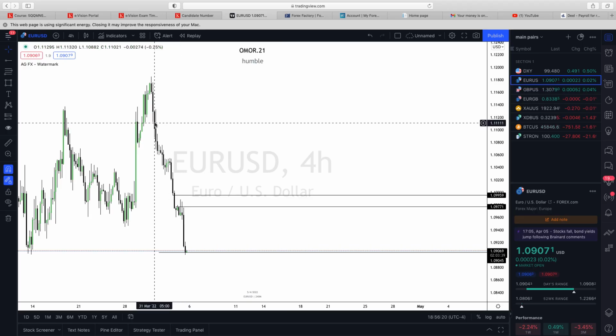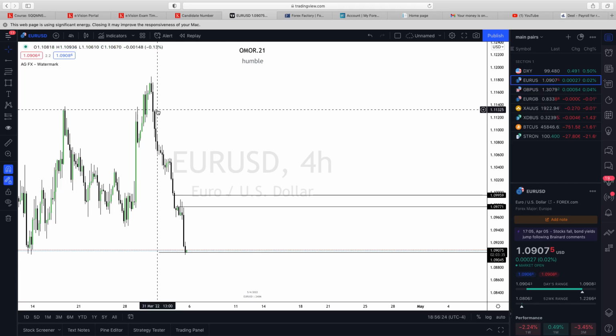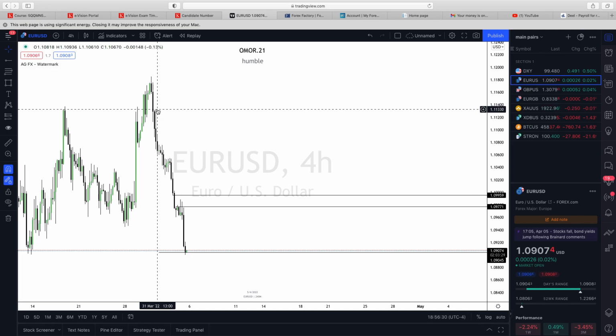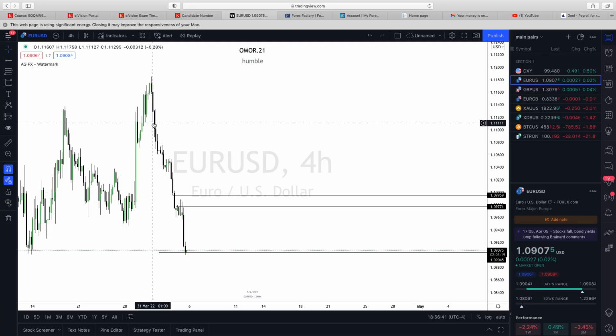How it overshot this imbalance here, and it went all the way up into this imbalance. Although it didn't go anywhere into it significantly, look at this candle's wick compared to this one. It's higher. It traded just into that imbalance and it swept that high. Now, why didn't this candle respect that imbalance? Well, because this candle didn't have an imbalance.